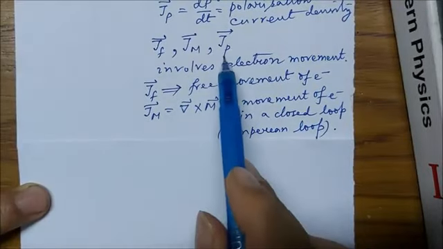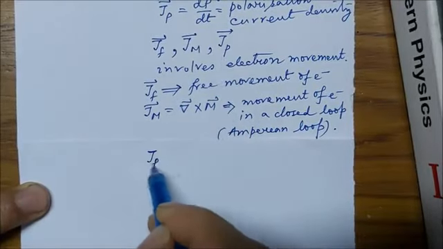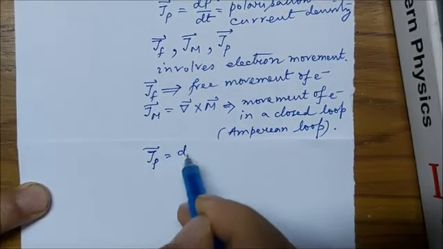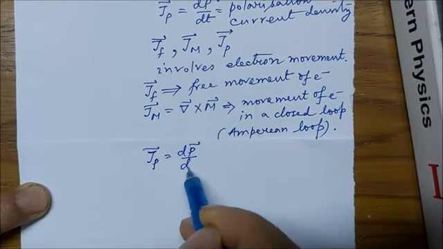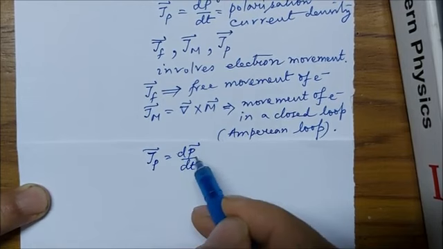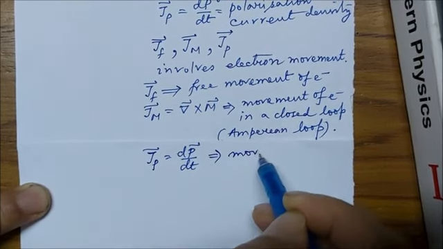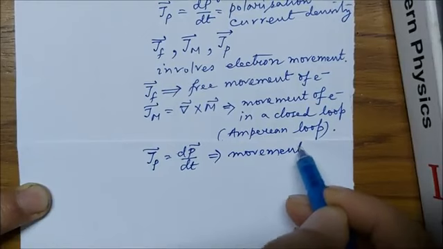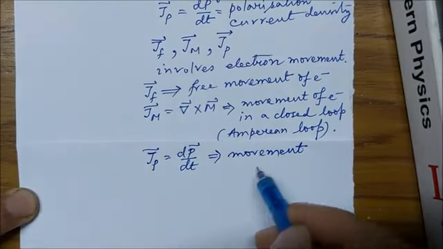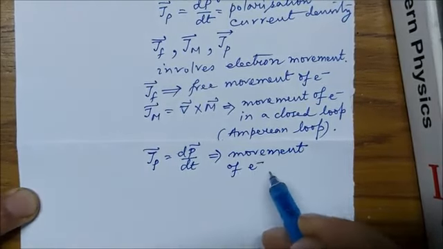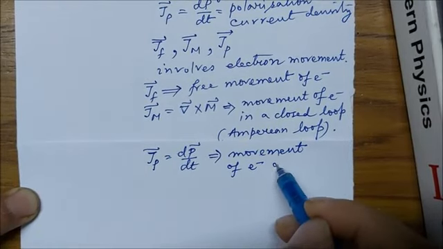And vector Jp, whose expression is dP/dt, P for polarization, involves movement or oscillation of electron or charges of a dipole.